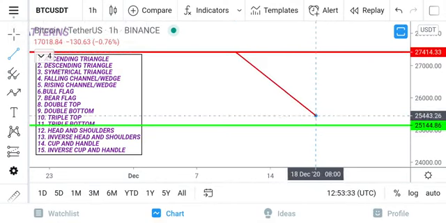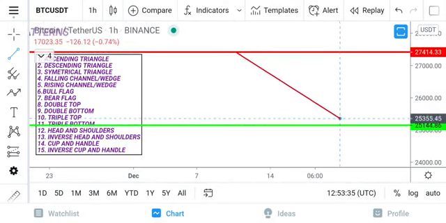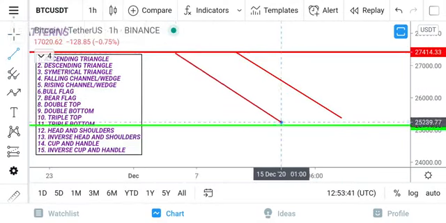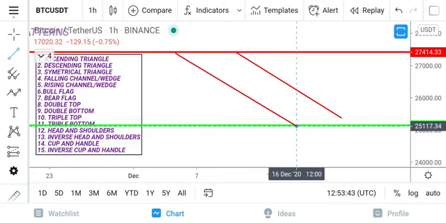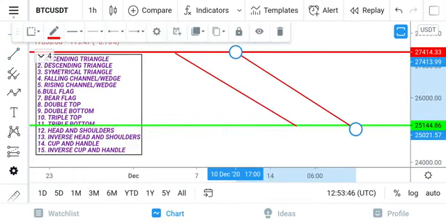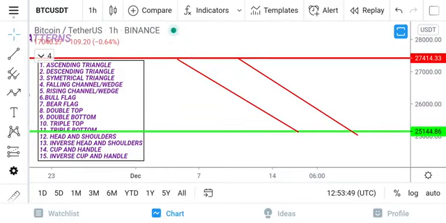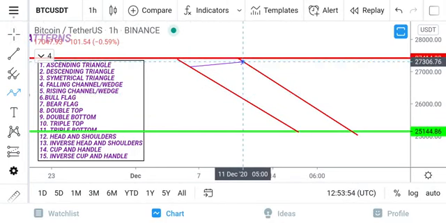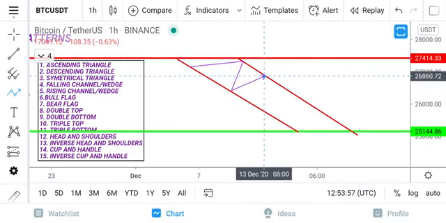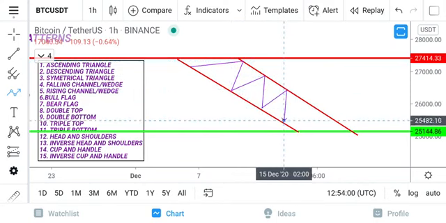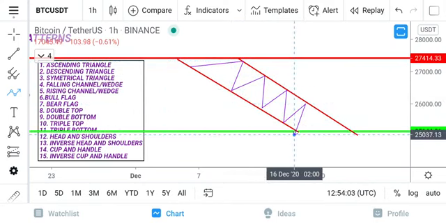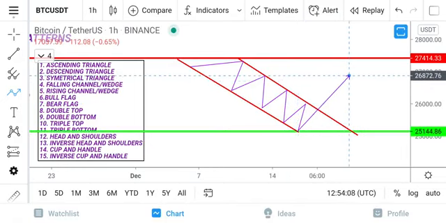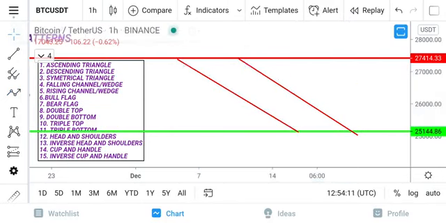So this is a falling channel, and the price is going to be moving like this, back and forth. Because it's a bullish reversal chart pattern, you expect it to break towards the upside. So that's a falling channel.